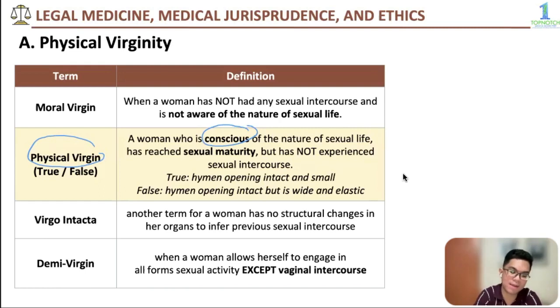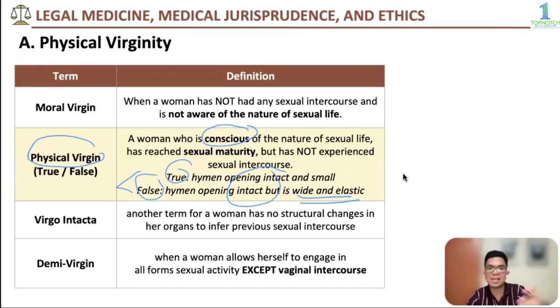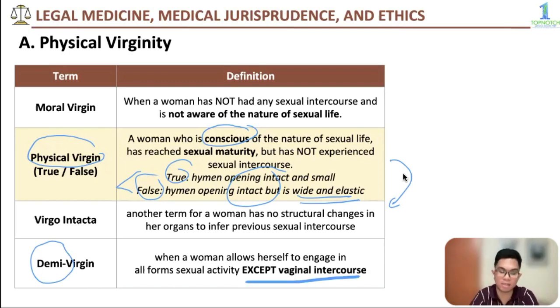And they may be subclassified as true or false, depending on the hymen. So both naman are intact yung hymen, but with false, no, medyo wide and elastic. Kaya, diba, medyo hindi reliable naman yung hymen as basis for virginity. And then virgin intacta is like a similar concept to physical virgin. And then demi-virgin is a woman who allows all forms of sexual activity except vaginal sexual intercourse. Okay?